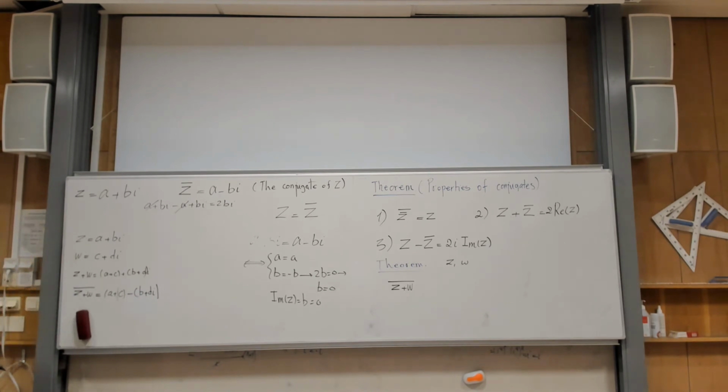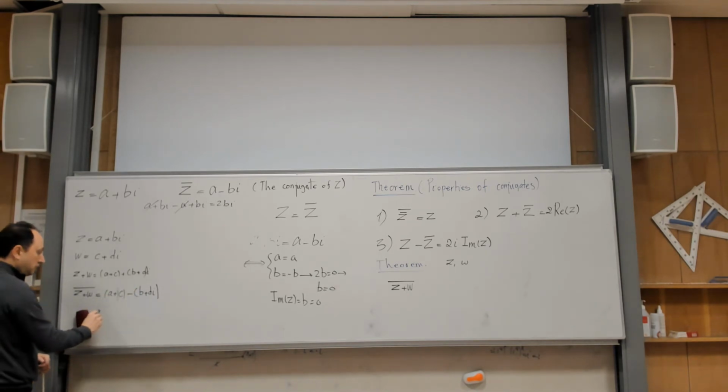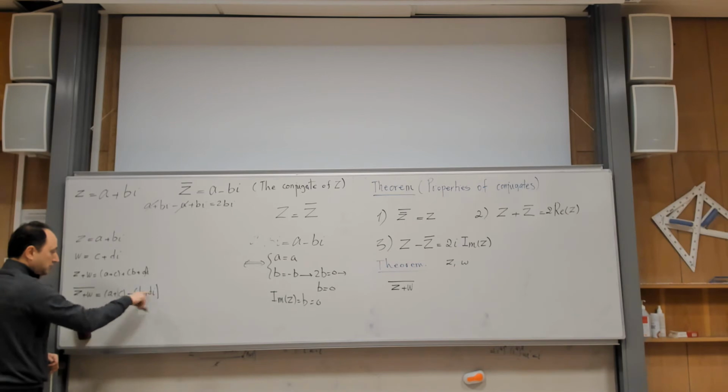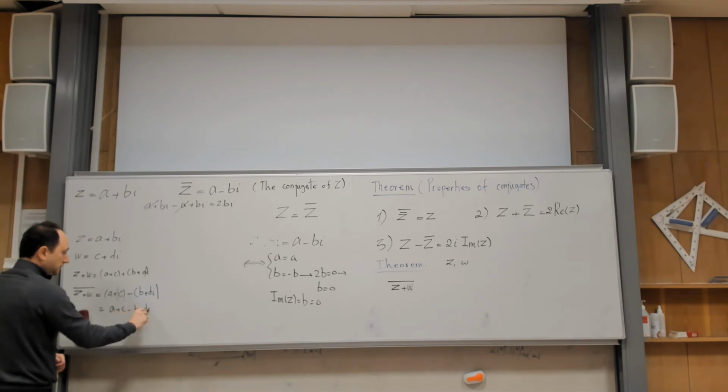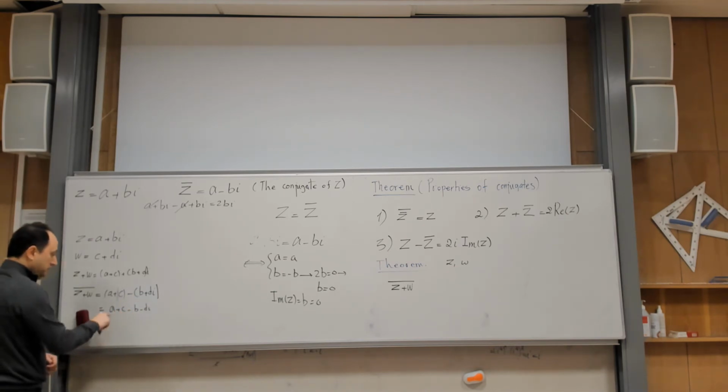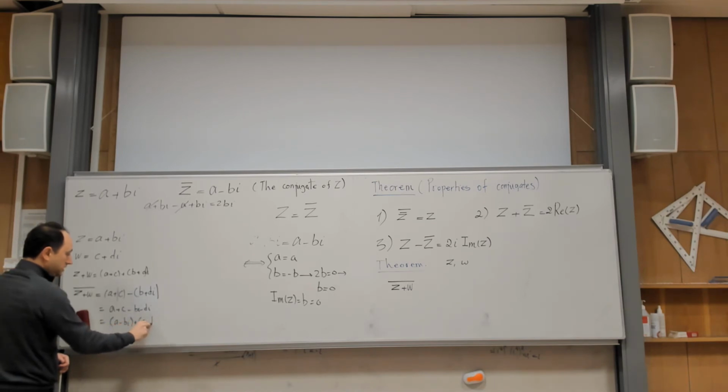But let us continue now. This becomes a plus c, I multiply this minus sign in. And then what happens? I take a with minus bi, I take c with minus di.